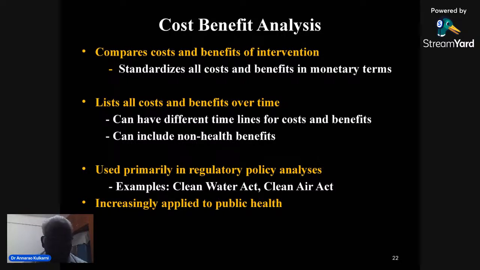Cost benefit analysis is typically used at the executive level of the government when considering regulatory proposals that would be costly to implement but that would have a potentially large economic benefit to the society in future. Examples of these regulatory actions are public health laws such as the Clean Air Act and the Clean Water Act. Application of cost benefit analysis in public health is a recent phenomenon and now it is being used increasingly.